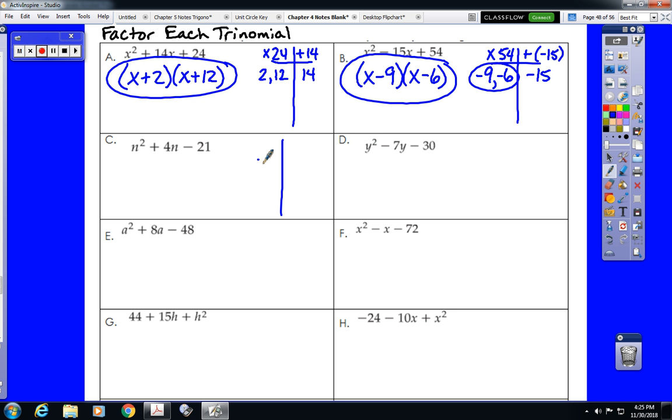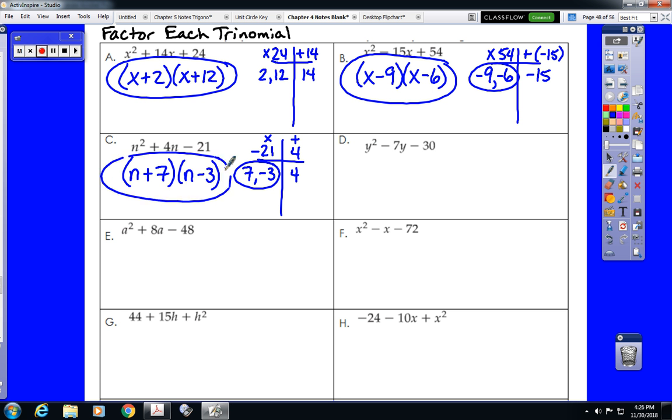Numbers that multiply to negative 21 and add to 4. That would be 7 and negative 3. So n plus 7 and n minus 3. Again, these are the ones in class that we did on our own and then got skill checked on.